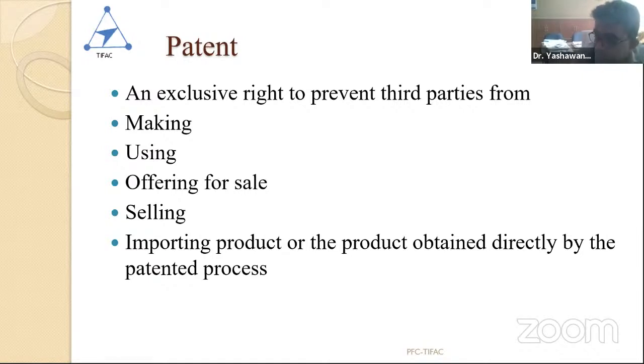But the summary is different and claims are different. In claims, you draw the boundary of your protection. So you have to write two different things out of the complete disclosure of a few tens or a few hundreds of pages.